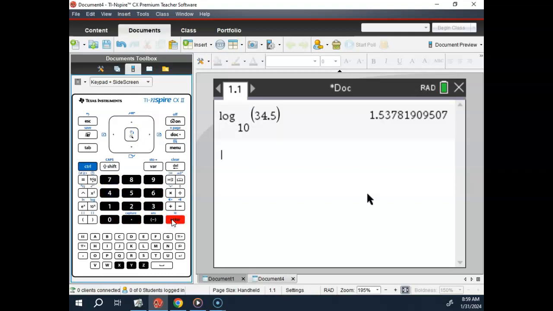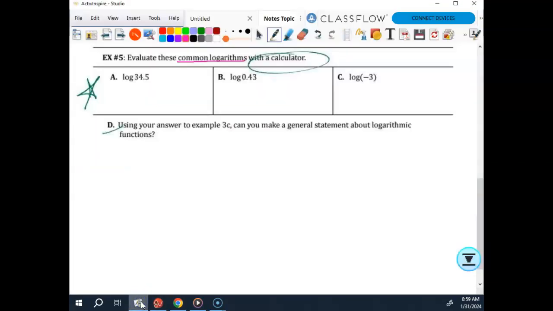So the log base 10 of 34.5 is 1.5378 and so on, which means that 10 to this power gives you 34.5. That's another way to look at it. So let's write that down. This is 1.5378.